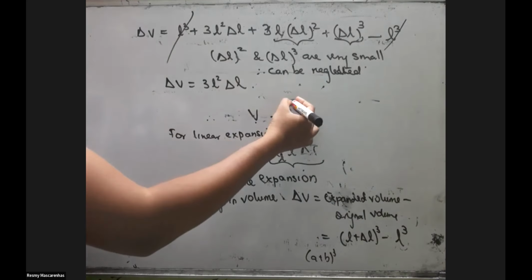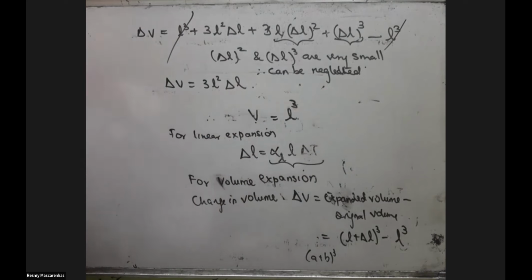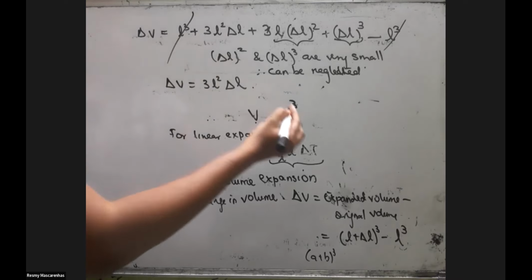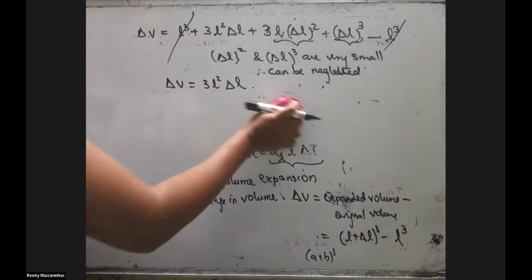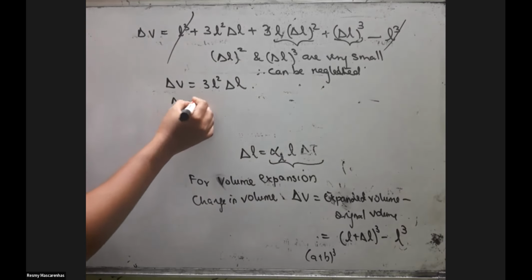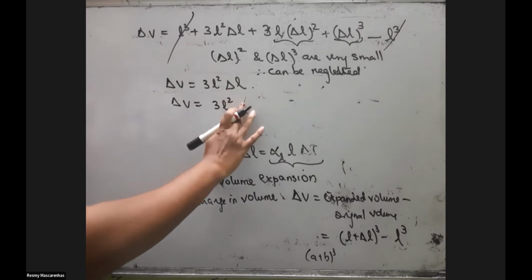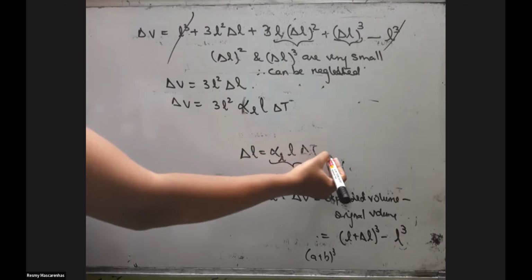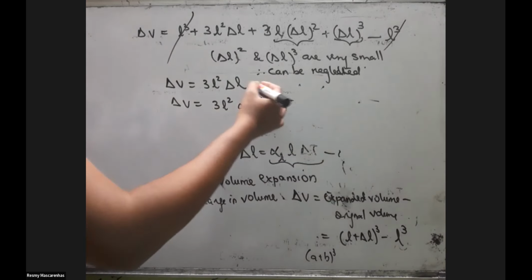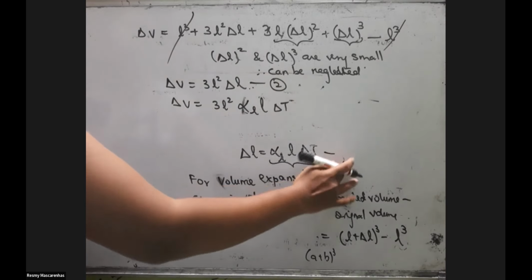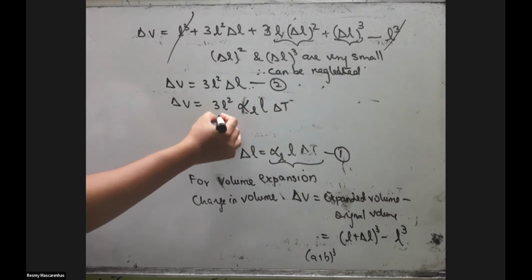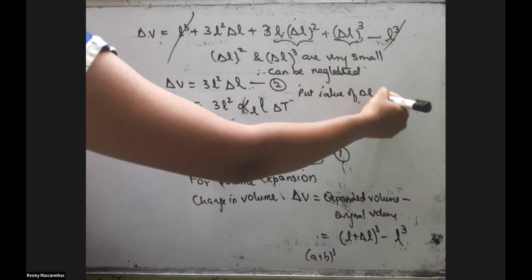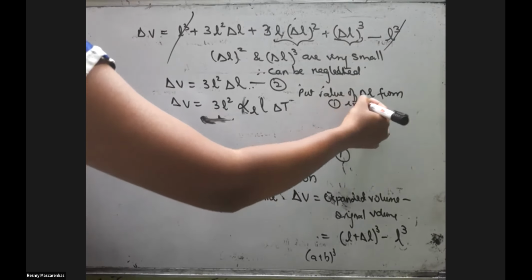One is to put the delta L value here: 3L square alpha L delta T. Put the value of delta L from equation 1 in equation 2.